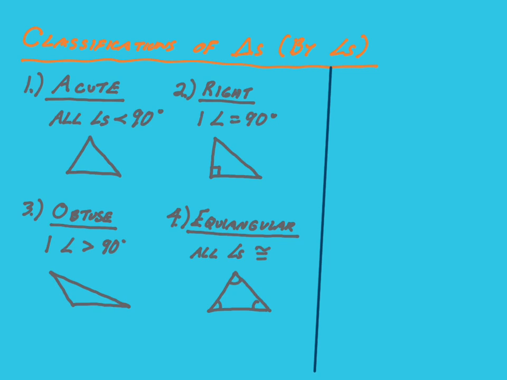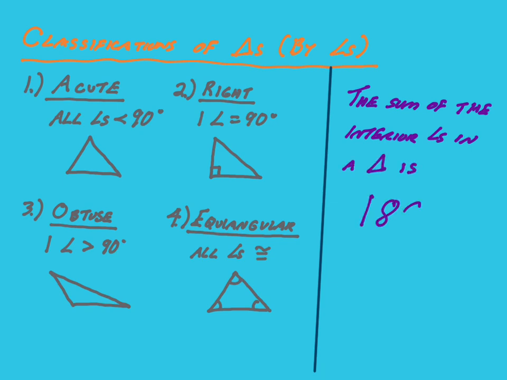Now, a little bit of a side note here, and it's a theorem, and we can prove it. What we know is that the sum of the interior angles in a triangle is 180 degrees.